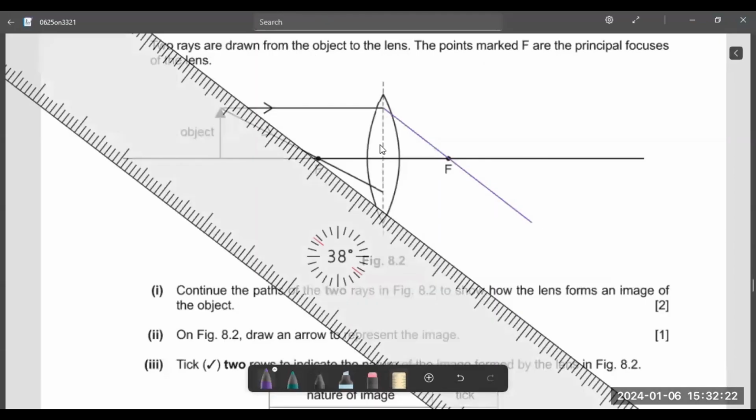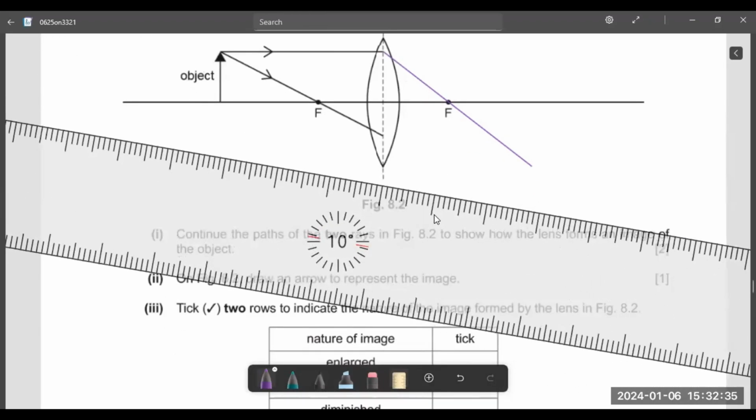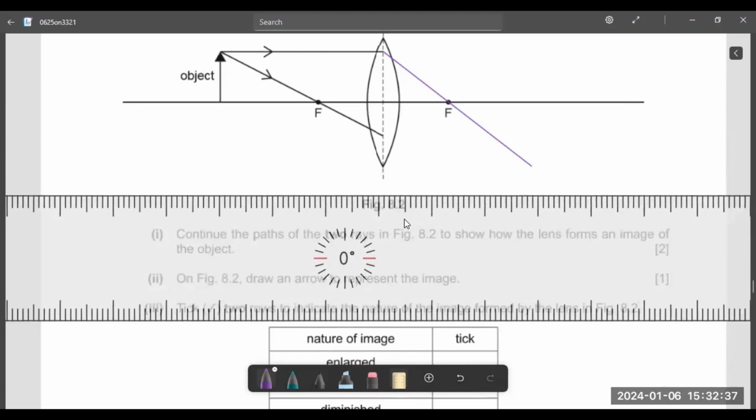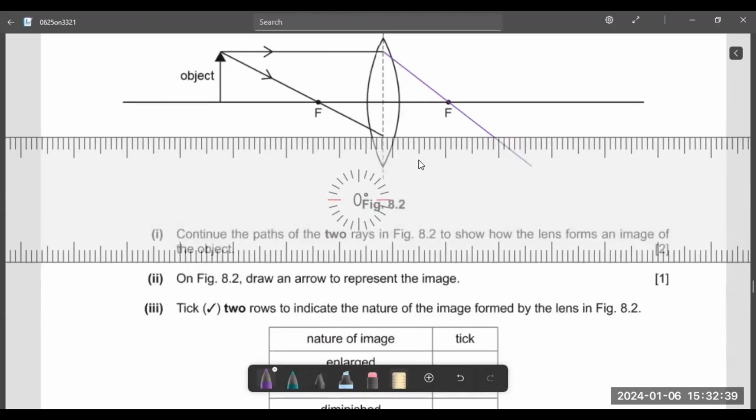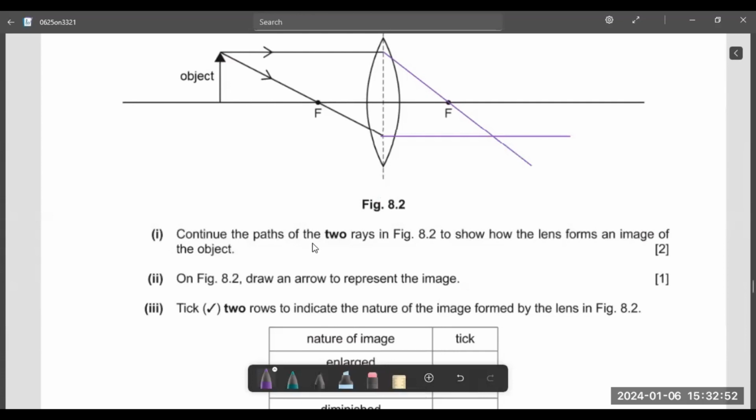Just extend this line, the line parallel to the principal axis. This has been passing through the principal focus. Next, we will draw this line. So we have continued the path.